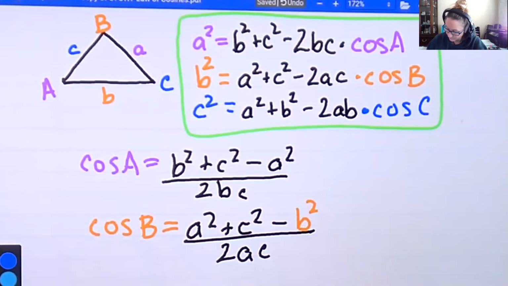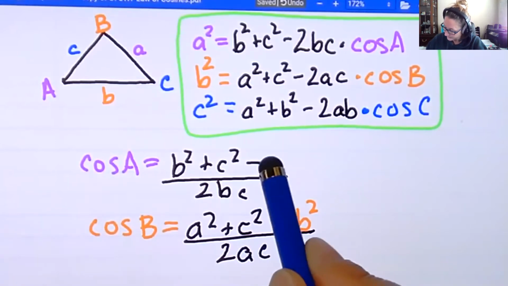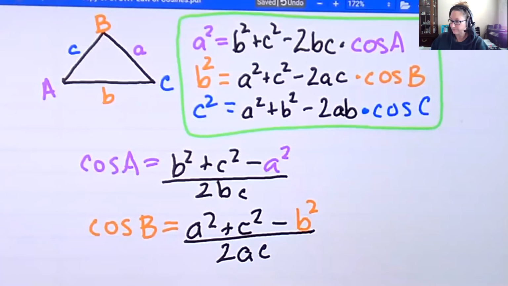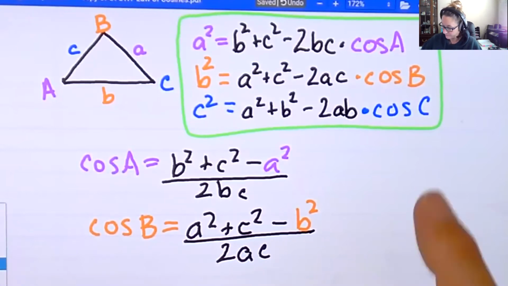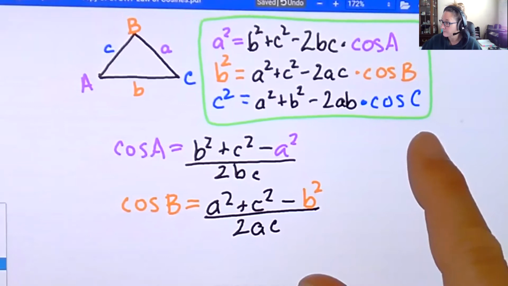So here's my B squared, and let me do the same up here with my A squared. And then the last one I'm going to do is my C, but again, same idea.